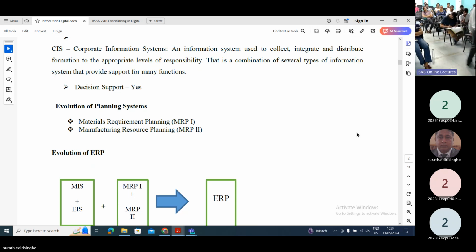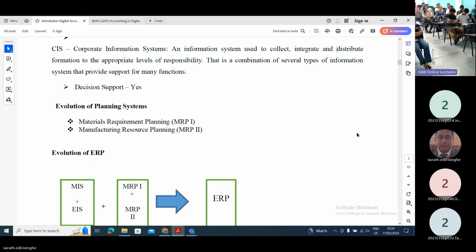Let me assume that to produce one soap, you require 0.2 kilograms of raw material 1 and 0.1 kilogram of raw material 2. Okay?